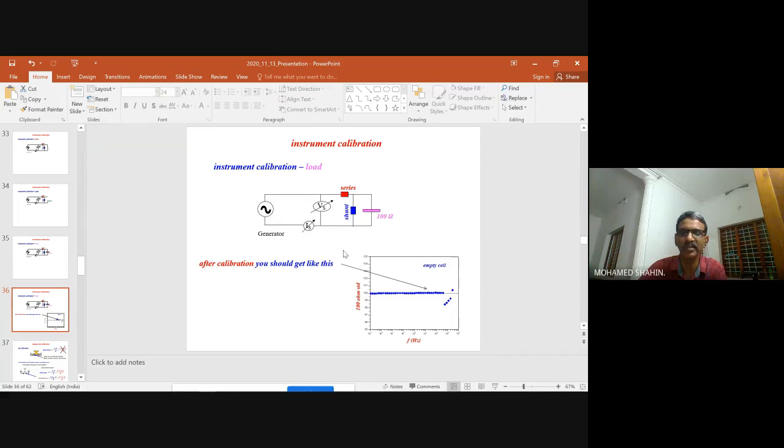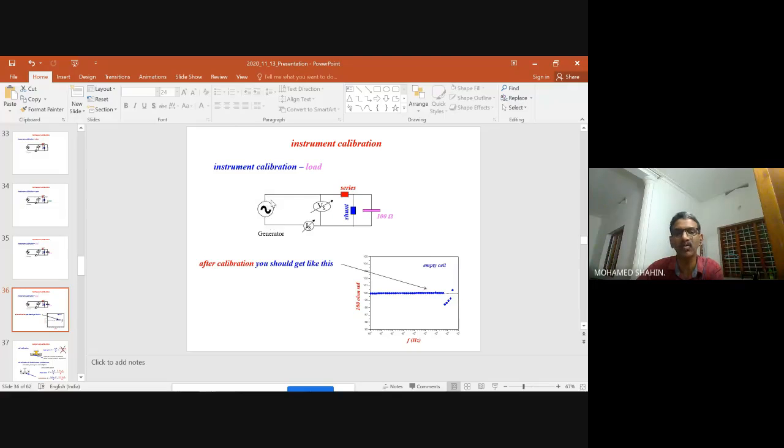If you measure 100 ohm, otherwise it would be some 105 ohm or 102 ohms, it will finally be subtracted. So you will get exactly that, which is called experimental setup calibration.